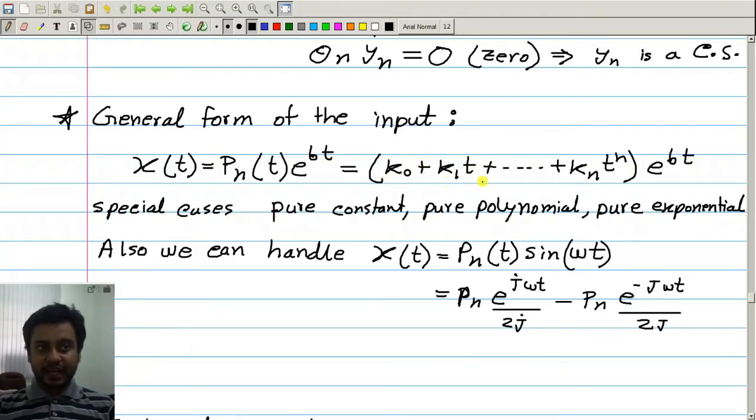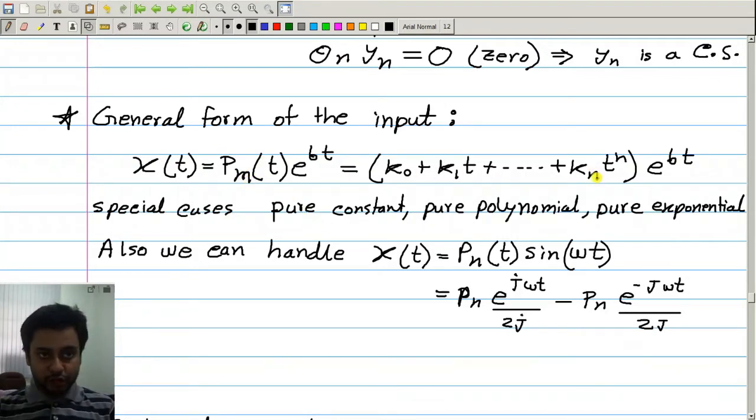So this is an n degree polynomial. This n need not be the same as this n, that is the order of the system. So let me call this Pm.